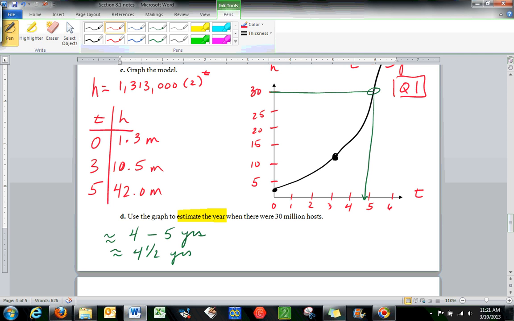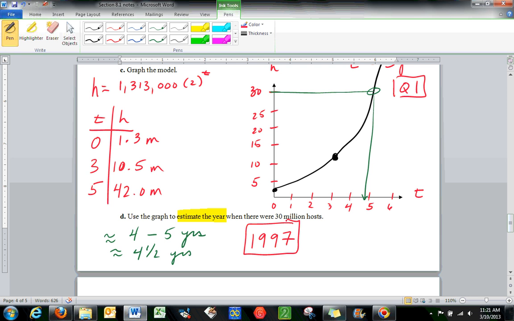And so if year 0 was 1993, and we added 4 years to that, we're talking about 1997. So we probably hit 30 million websites somewhere in 1997, probably closer to the end of 1997 than the beginning, based off of our estimation from the graph, but it probably happened somewhere in 1997.